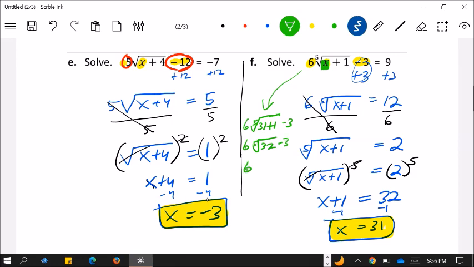The fifth root of 32 is the number 2. 2 times 6 is 12. 12 take away 3 is 9, and 9 is what we were trying to get to. So that checks that x equals 31. That's definitely and clearly the correct answer there, because when you put it back in, it makes both sides equal.